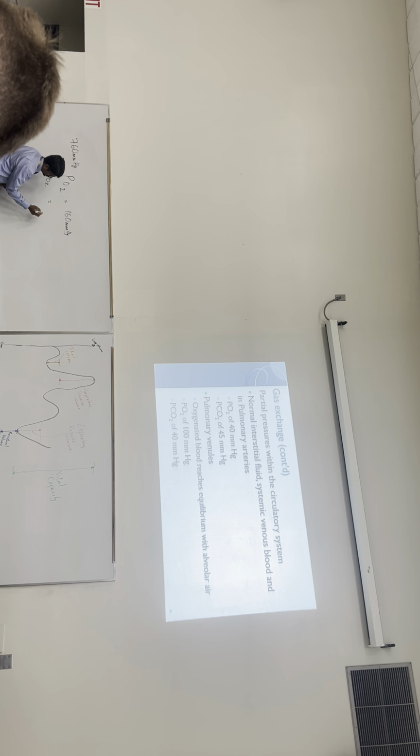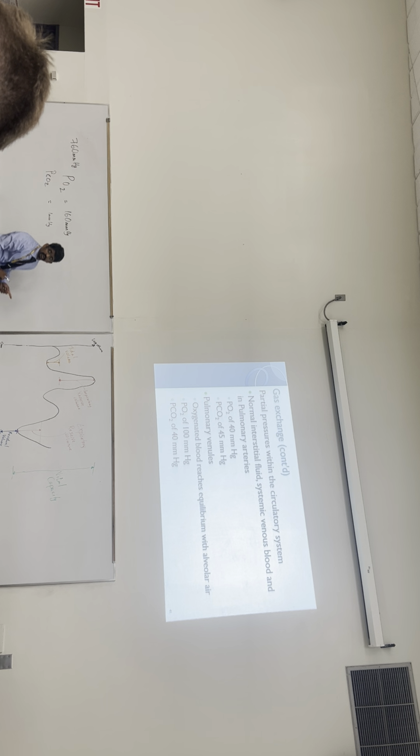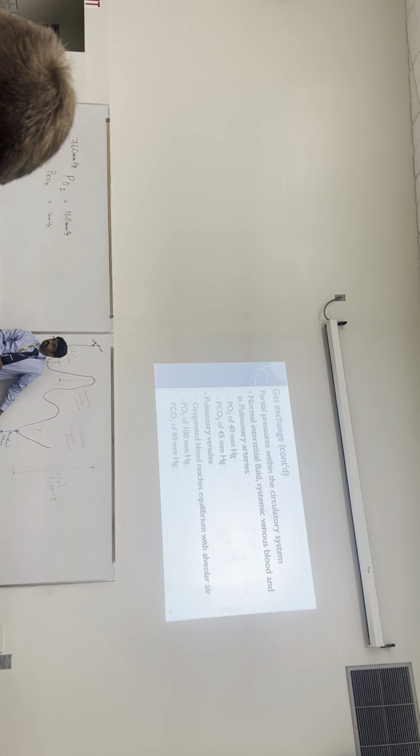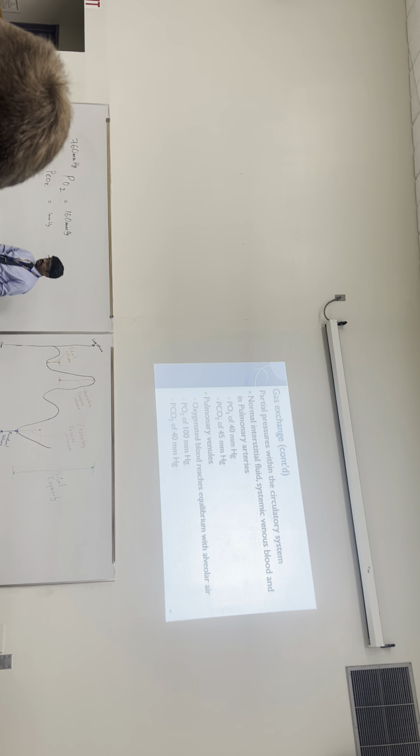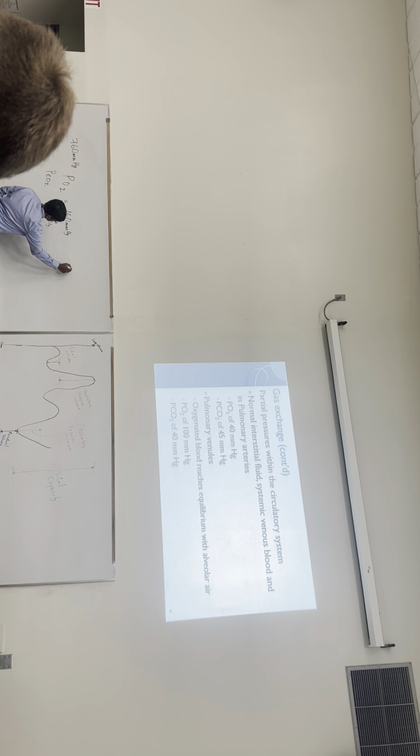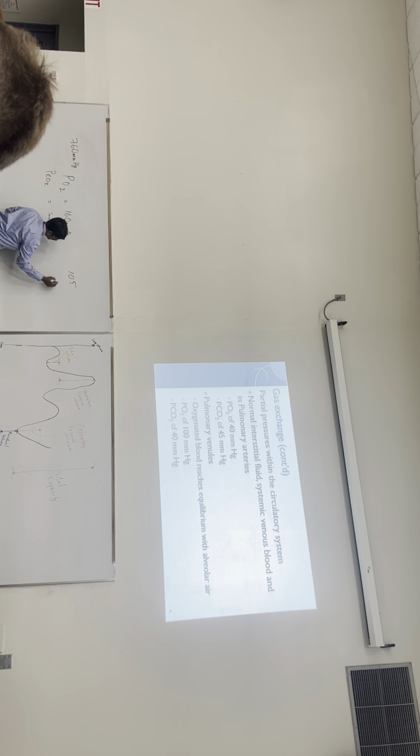I think it comes to about less than 1 millimeter of mercury. Okay? But within the alveoli, the numbers are different because of residual volume. There's a lot more CO2 in our alveoli. I'll talk about it in a second. It actually becomes 105 and 40.